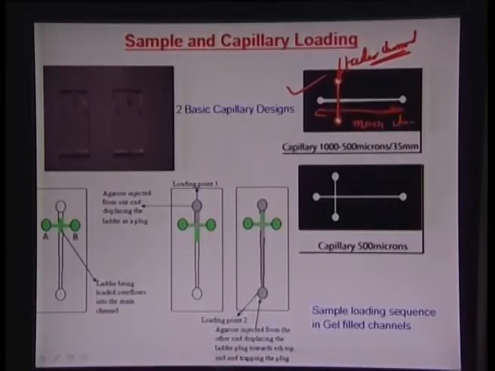This main channel does the electrophoresis. By the way, all these channels are in the range of about 100 micron thickness. This starts here at about 1.5 mm and goes all the way to about 0.5 mm here. These small circular features are reservoirs.